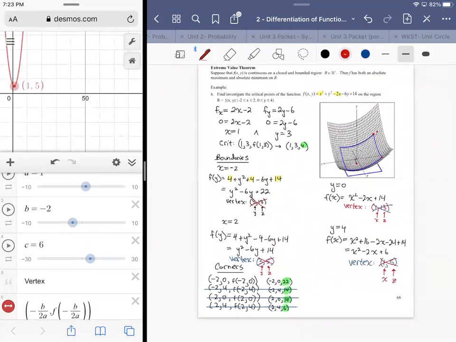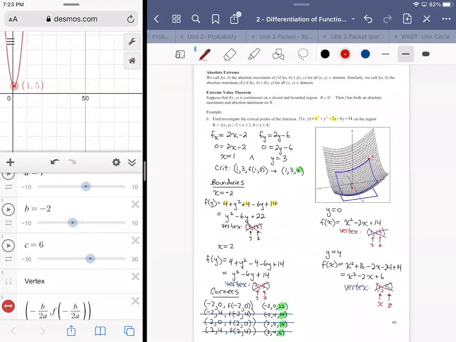So it appears as though our absolute maximum is going to be 22 and our absolute minimum is going to be a 4. That's only because, looking at this information and this graph and comparing our critical value to all other possible candidate points, that leads us to this. This is our only possible outcome. Fortunately, we drove the point home without having to get into the second derivative test.